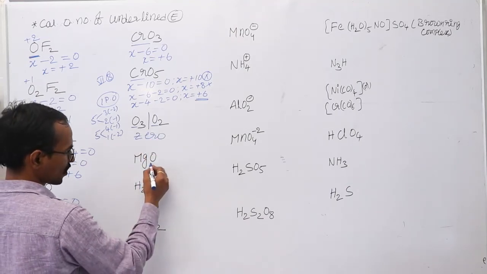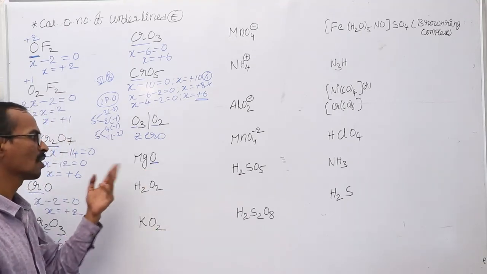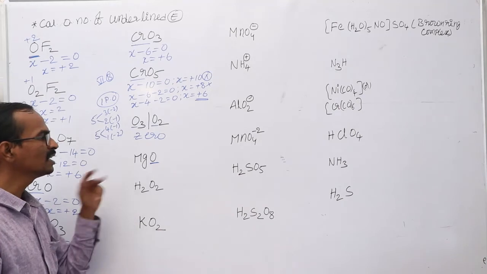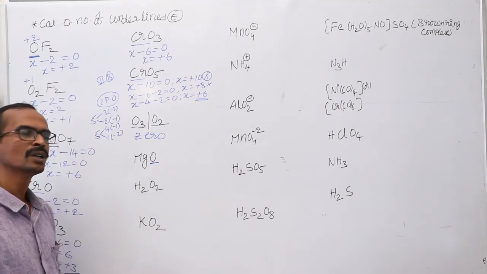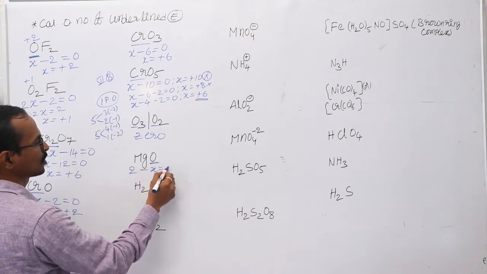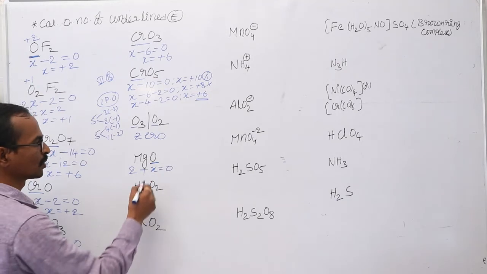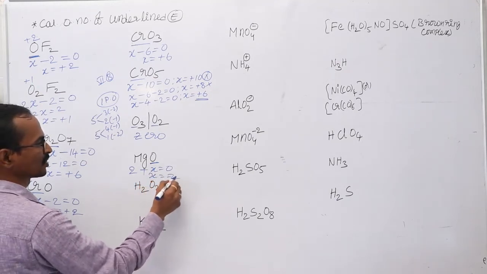Here, I want to calculate the oxidation number of magnesium, or oxygen, let me say. Magnesium belongs to which group? 2A group element. So 2 minus X is equal to 0. Sorry, 2 plus X is equal to 0. X is equal to minus 2.